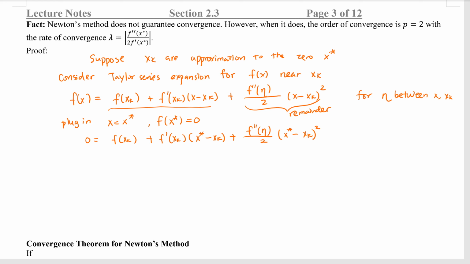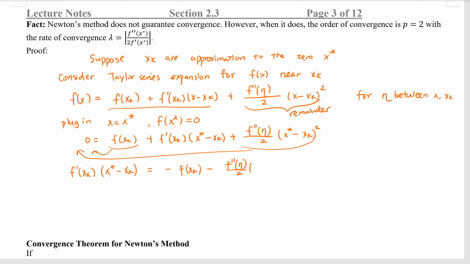Next, I'm going to move these terms to the left hand side, and let me reverse the left hand side and right hand side. Then we get f prime xk times x asterisk minus xk equals negative f of xk minus f prime prime eta over 2 times x asterisk minus xk squared.